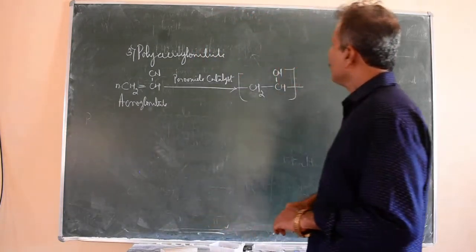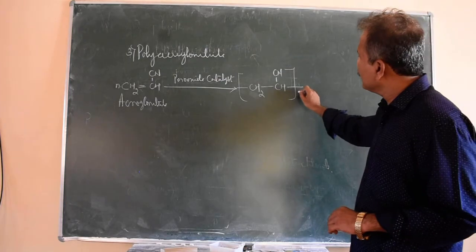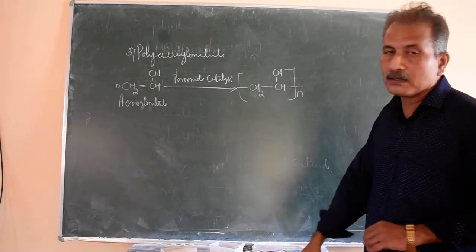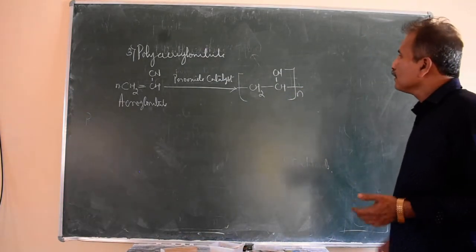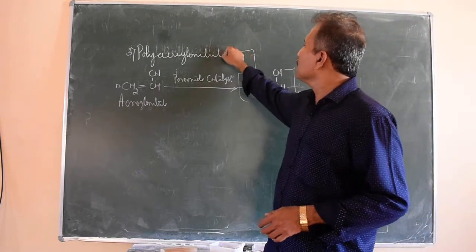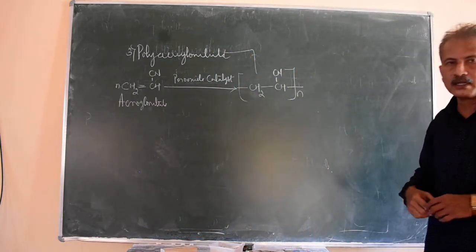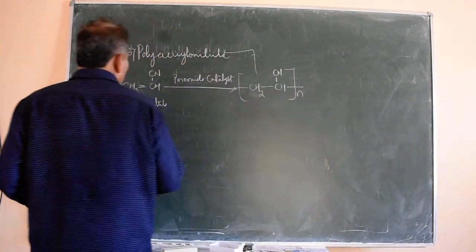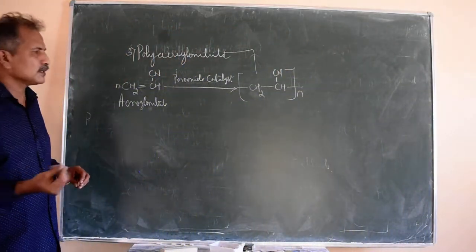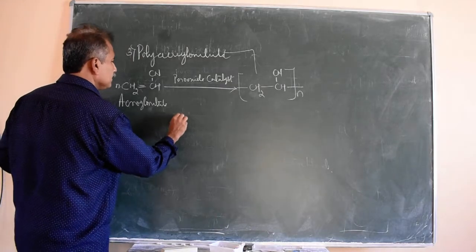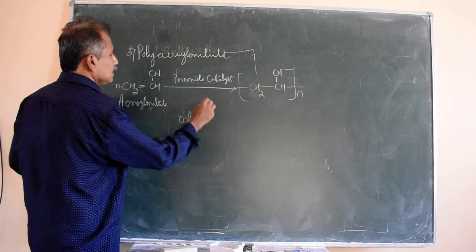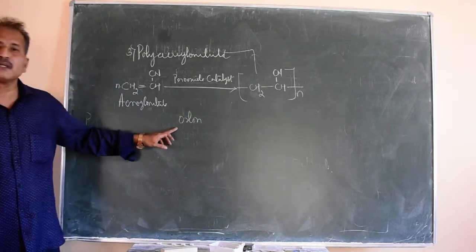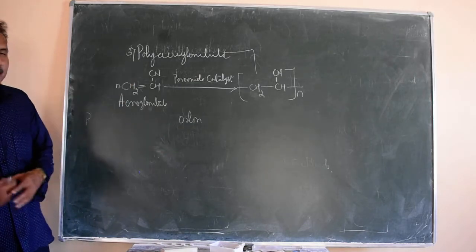This is the monomer you will get, and when it joins, adds on like this, you get this polyacrylonitrile. Especially used to prepare synthetic fibers. Orlon is one. These are all synthetic fibers where we use acrylonitrile.